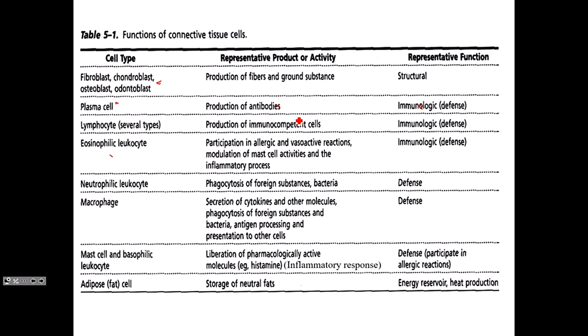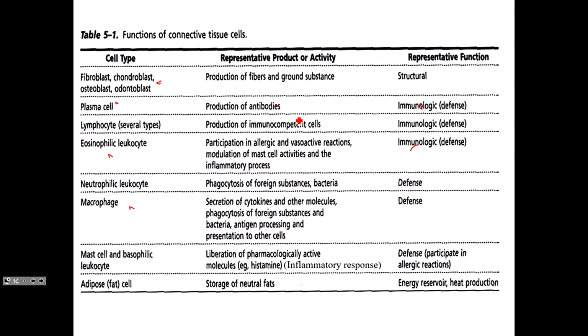Eosinophils contain granules that play a role in destruction of parasitic infections like helminthic worms and things like that, so that's also defensive. Neutrophils, the most common nucleated cell type in the blood, have a phagocytic role, a major role in destruction of bacteria.